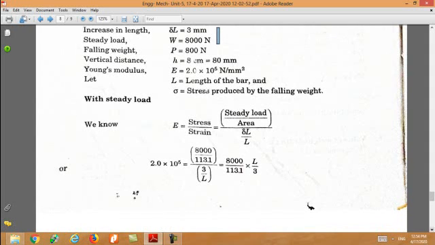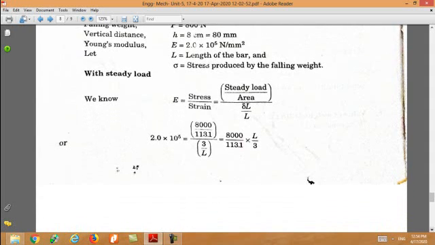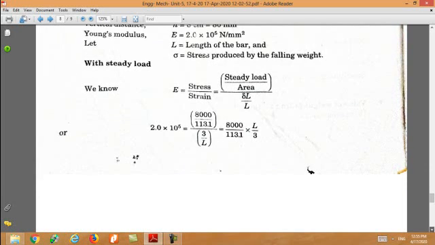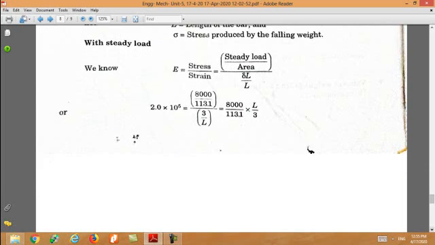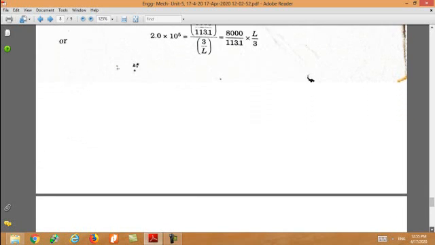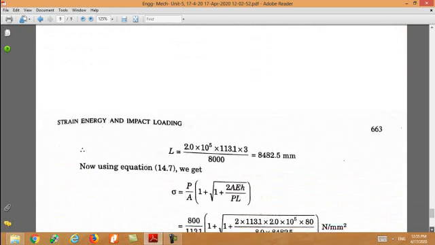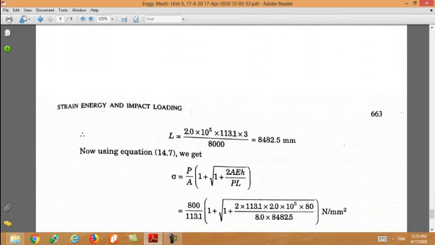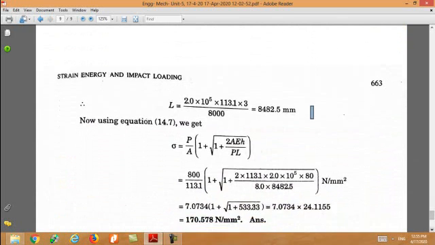So here we are calculating the length of the rod, because the length of the rod is the same. So when we calculate L, we will use it in the next part.